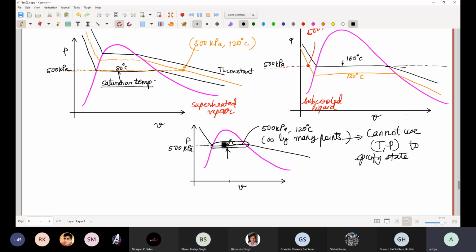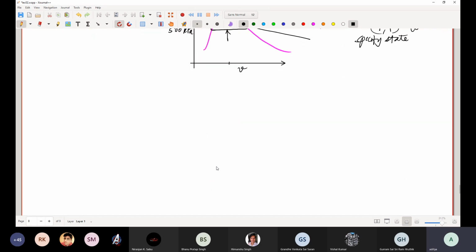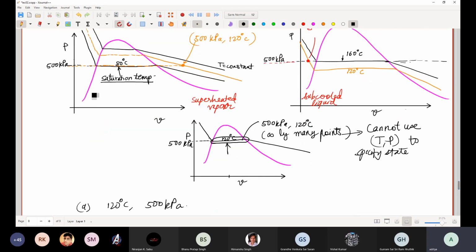Okay. All right, so now let us actually go into the values. I've shown you the schematic. So you must understand how to draw the schematics. Not very difficult, it's a matter of experience. So the question says at 120 degrees Celsius and 500 kilopascal. First things first, I will refer back to the PV diagram.